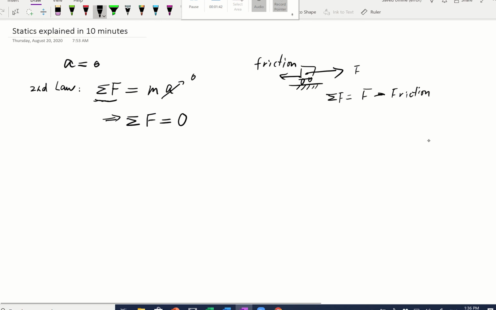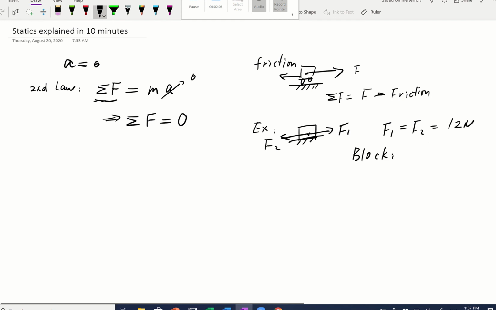That's statics. So think about another example. If I have a block here, and I have force F1, and I have a force F2, in the opposite direction, what do you think happens? I mean, common sense. If F1 and F2 both are equal, for example, to 12 Newton, what happened to the block?